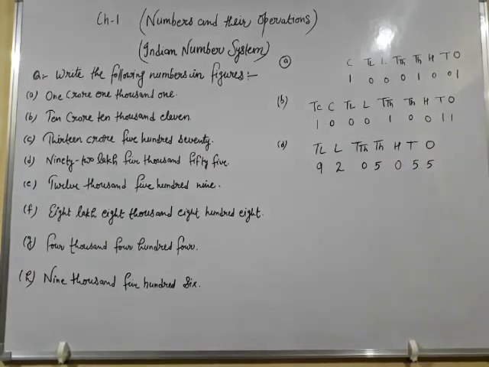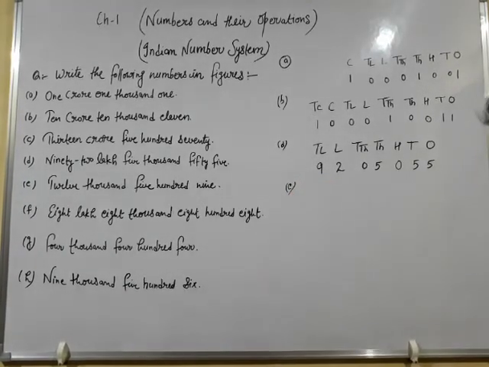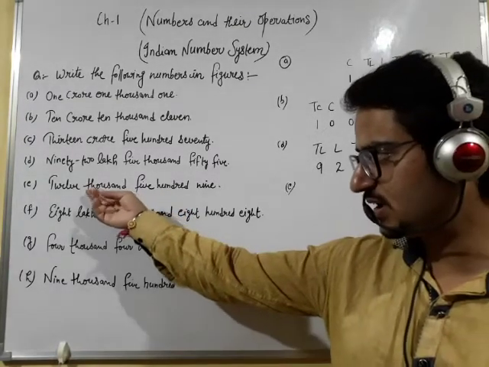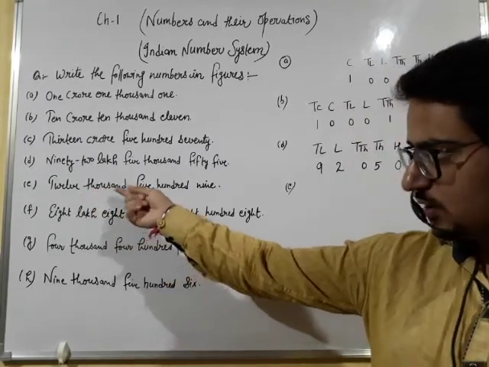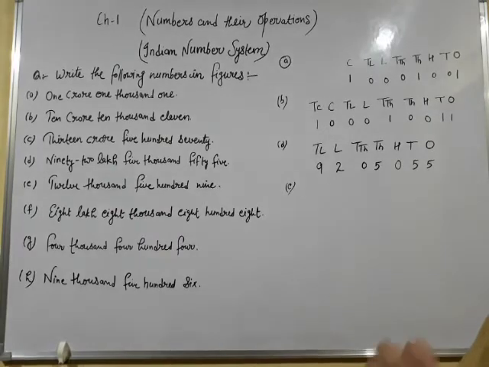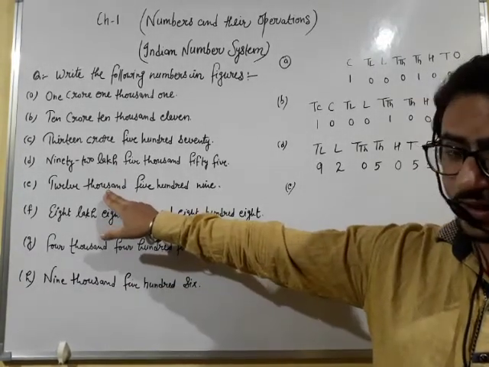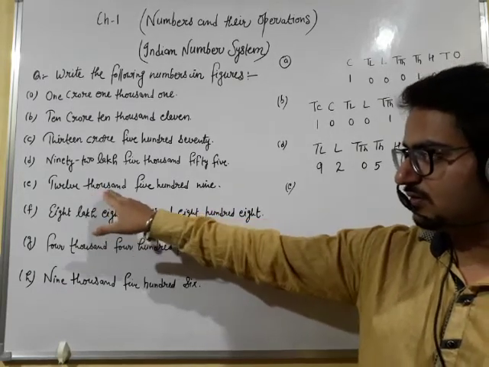You have to solve E part, and before starting E part, you have to observe the highest period given in this part, 12,000. So the highest period is thousand. Whenever you have to find the highest period, you will find it at the initial part of your solution. Here it is 12,000.